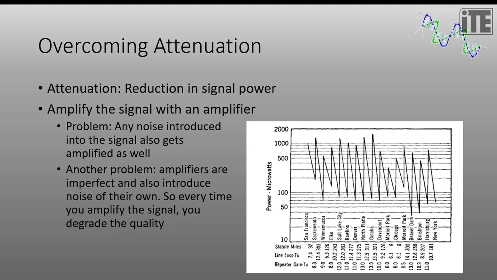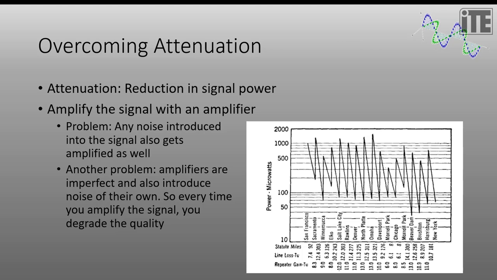And we can see that we transmit initially 1 watt of power from San Francisco, and then as it gets to Sacramento, which is 92 miles, we end up with only about 1/5 of that power. And then you can see it gets boosted up again at Sacramento.